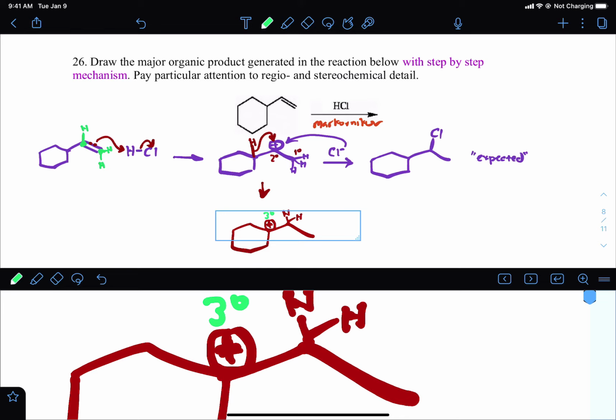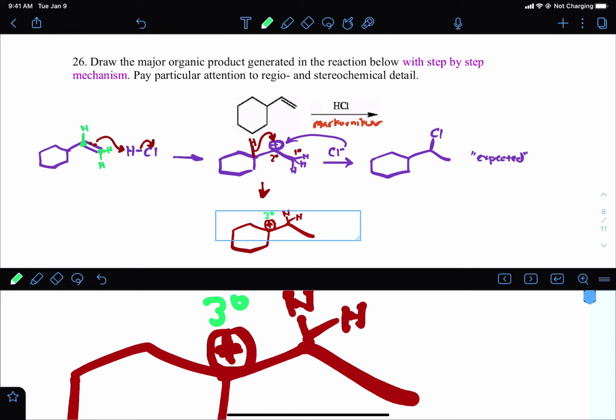So do not shift a secondary to a secondary, or a secondary to a primary, or a primary to a primary if you're making a primary cation for some reason. Typically, you will shift a primary to a secondary, or a primary to a tertiary, or a secondary to a tertiary. Okay, so you want to look for situations where that might happen anytime that you have a cation mechanism.